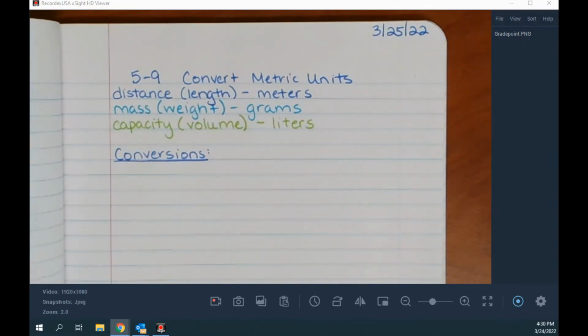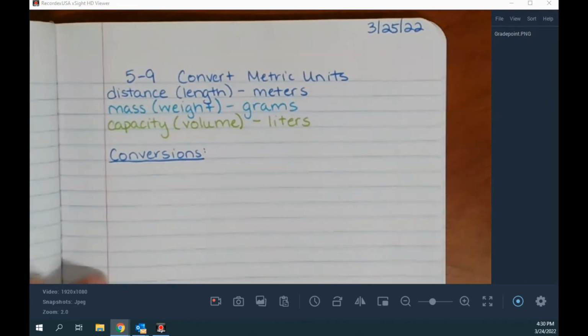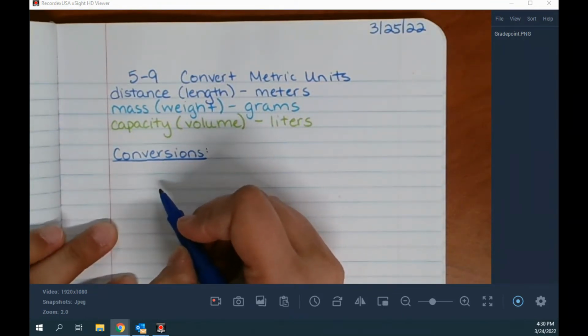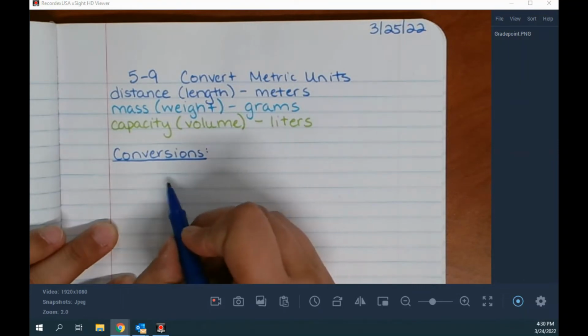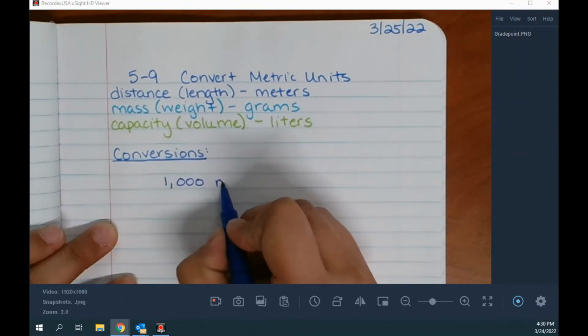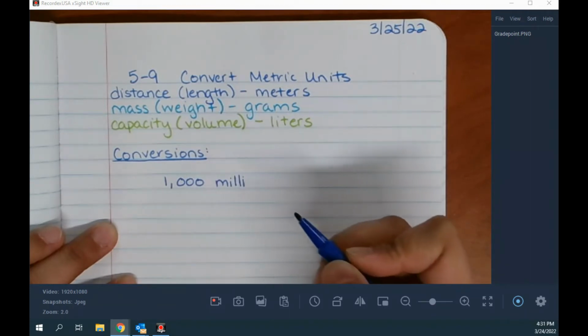So we are going to start by looking at some prefixes. For example, we're going to start with milli. So if I have, let's say, 1,000 millimeters, I'm going to write that out as 1,000 and use the prefix milli.